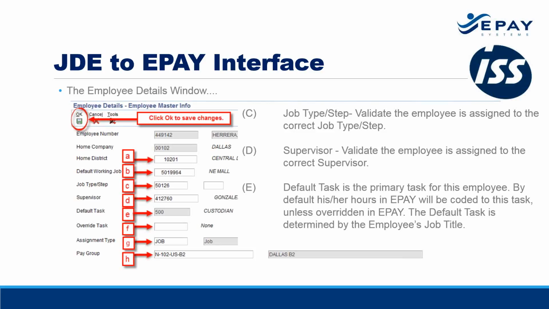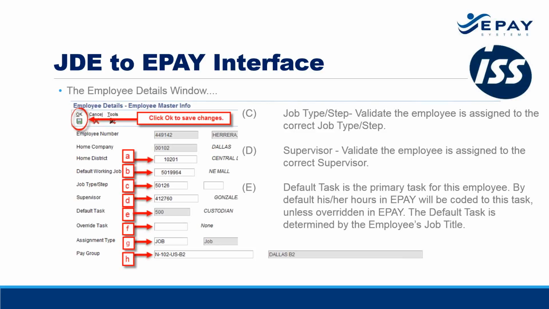So how this works, the default task is essentially if the step C job type says they are a janitor or custodian, then the task should come in as, my example on step B, 500, a custodian. It should be a one-to-one relationship. However, there are some positions that may not have an exact task that match it.